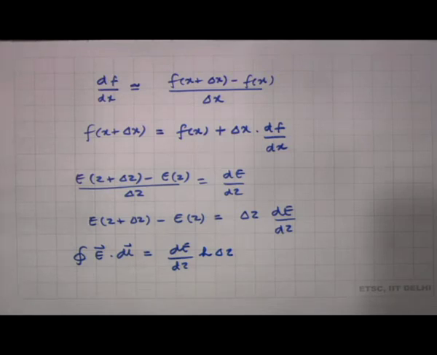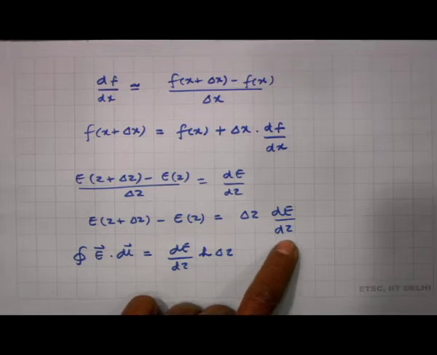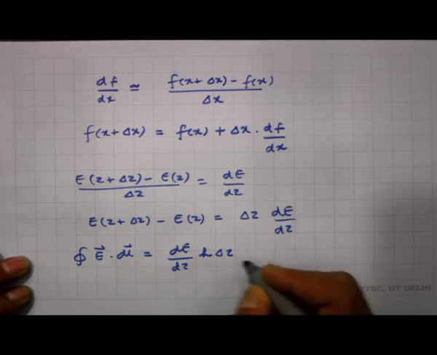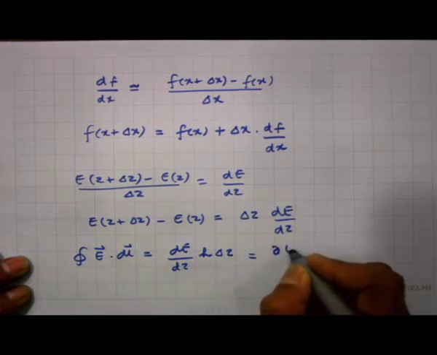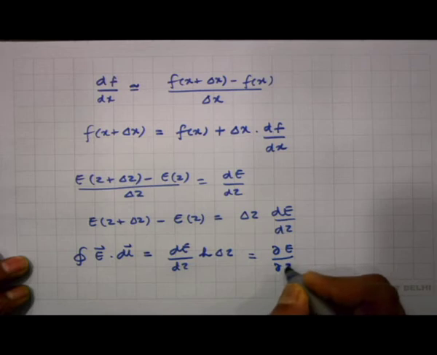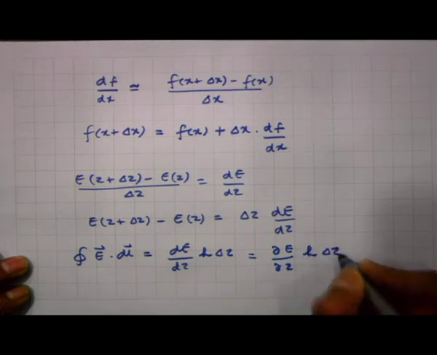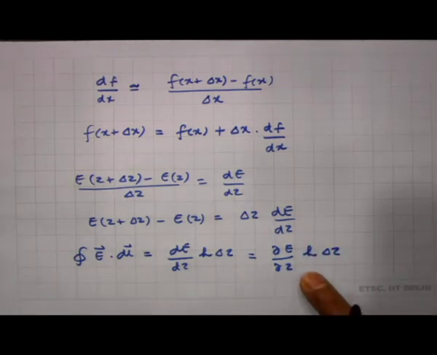Now, I must mention something here. Remember this electric field E is a function of both position z and time, and because my derivative is with respect to one of the variables, position, this is usually written as a partial derivative. In mathematics, this is written as del E by del z into h delta z. This only means that I am taking a derivative of the electric field as a function of z, keeping time constant.